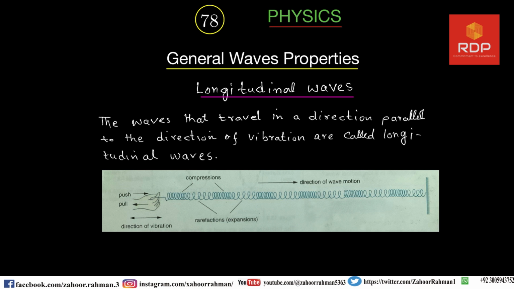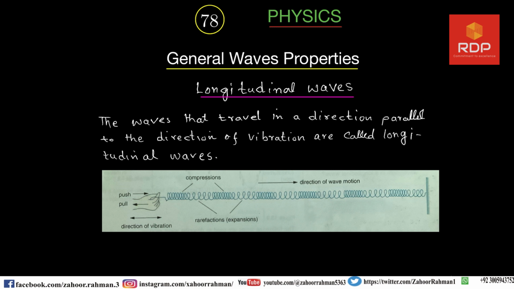In longitudinal waves, we defined it like the type of waves in which the medium particles propagate parallel. This parallel is a different word from that of transverse waves, in which we are saying perpendicular.